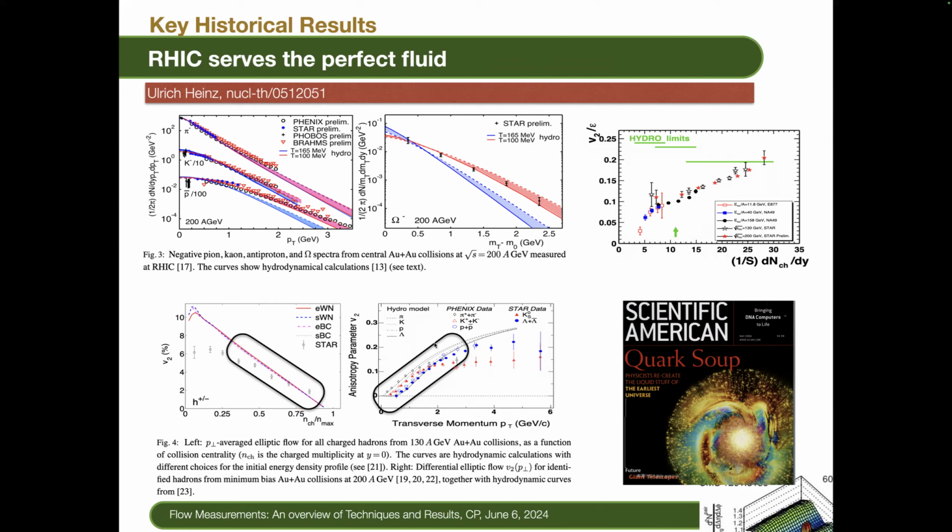And most importantly, he was also able to reproduce the hierarchy, or the mass dependence of flow. And so this led then to the notion that the RHIC collider indeed serves the perfect fluid in gold-gold collisions. And then there was this notion of how a medium can be so opaque and strongly interacting and yet have almost perfect fluidity. So this was a big announcement and made the news, and in particular, it made Scientific American news.